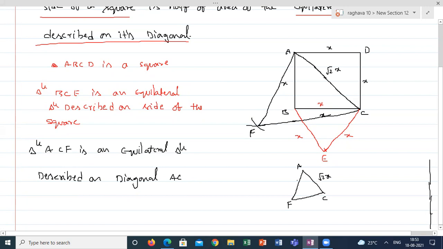The triangle described on the diagonal looks like this. This is root 2x, root 2x and root 2x. The triangle described on the side, BCE, is x, x, x. He is asking to prove that. What do I have to prove?